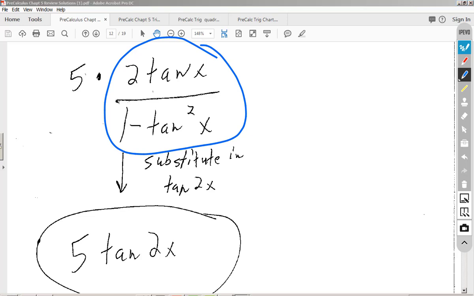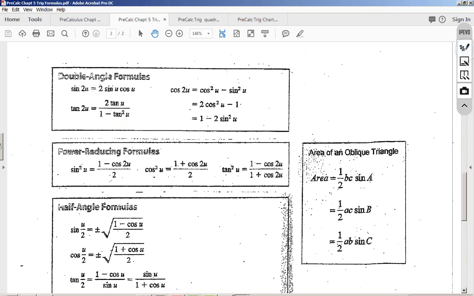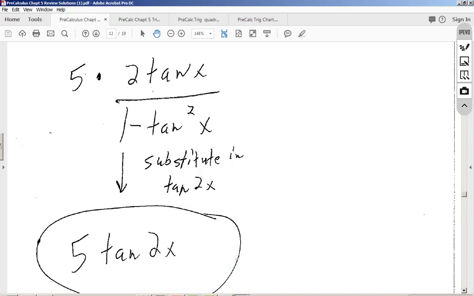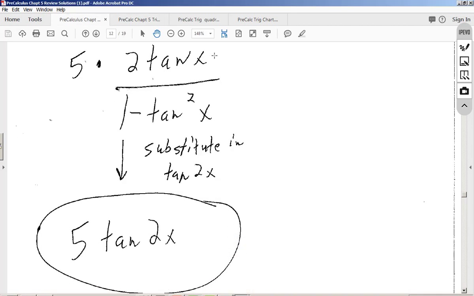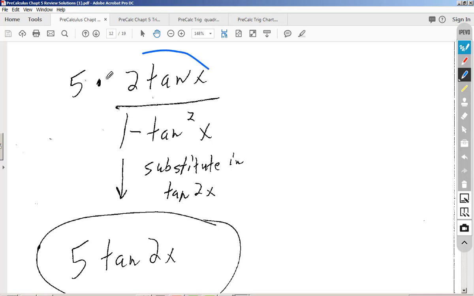So if I look back on my formula sheet right here, this is a perfect match, so now I can replace it with this. I'm going to rewrite this so that it matches up. Back here on my solutions, this entire thing right here matched up: 2 tangent of x over 1 minus tangent squared of x.